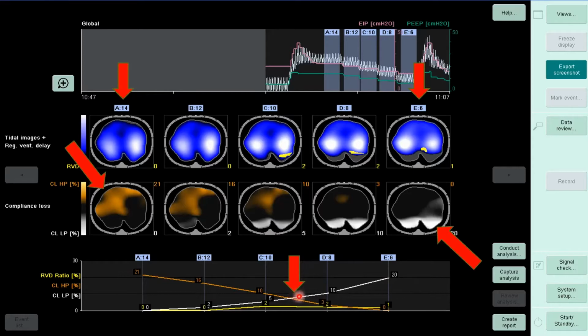Now, this is a monitor, so you still have to use your clinical judgment. If I have a plateau of 24, a very safe plateau, and I have a morbidly obese patient, I'm probably more concerned about the atelectasis and this de-recruitment indicated by white, the loss of compliance on this low part.